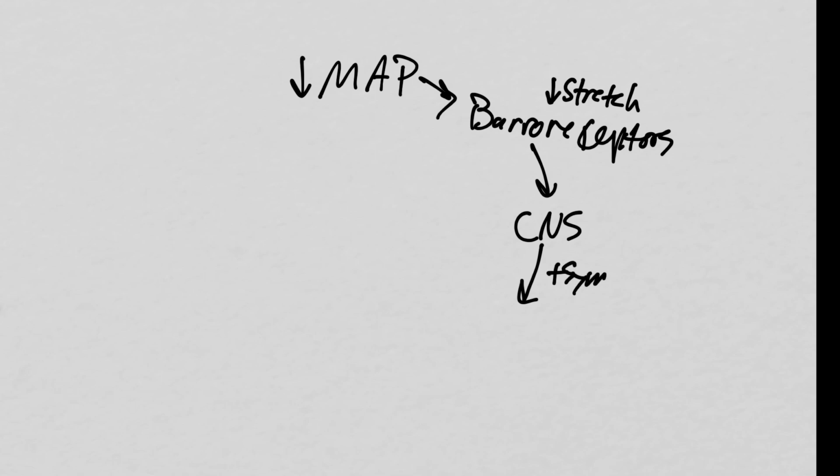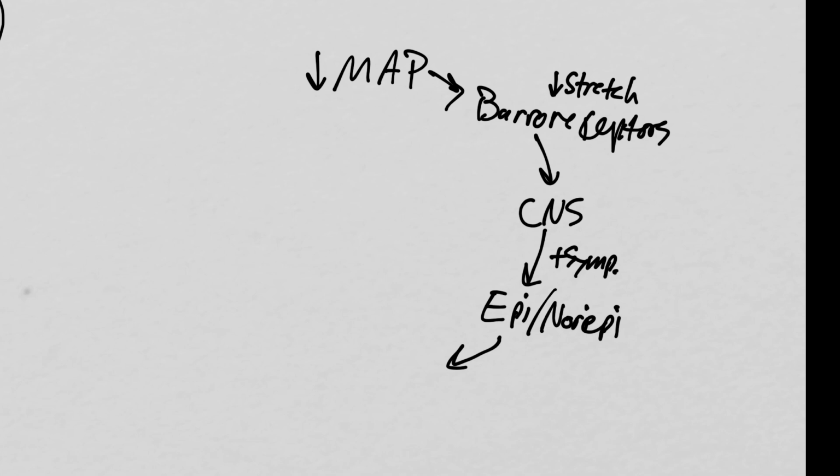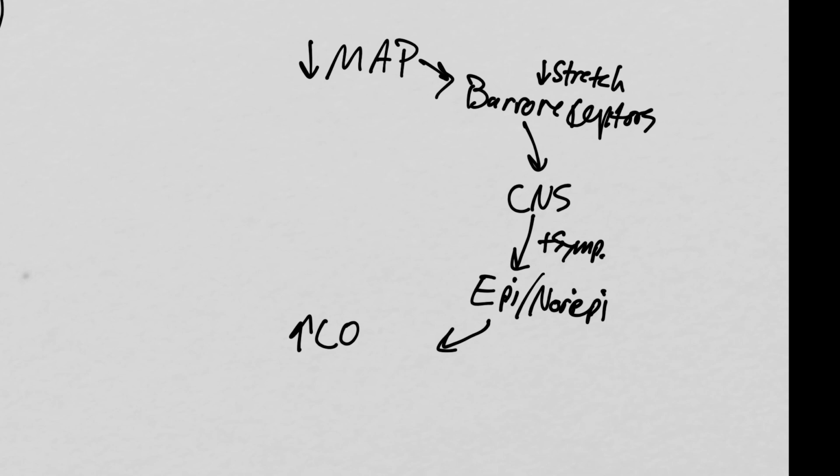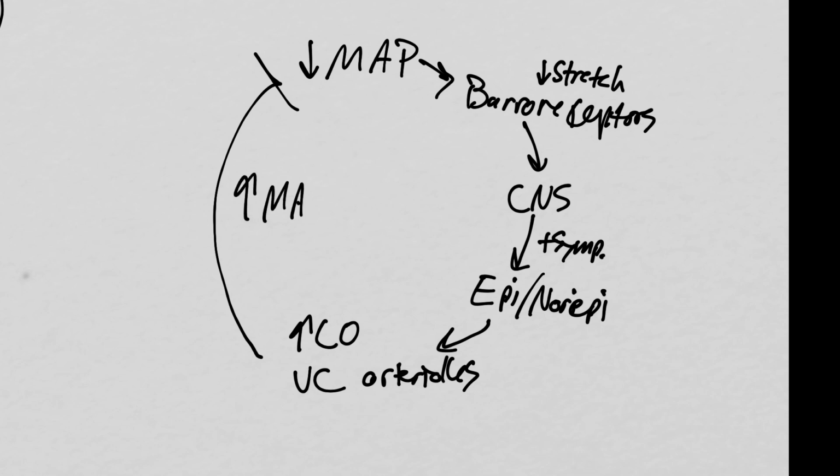We should activate the sympathetic nervous system, right? And that will release some combination of epinephrine and norepinephrine. And epi and norepi have the effect of making the heart beat stronger and faster, so they increase cardiac output. They also have the effect of systemic vasoconstriction of arterioles, right? Both of those things will increase your mean arterial pressure to help us solve the problem, right?